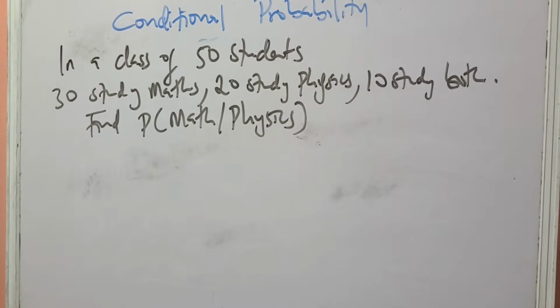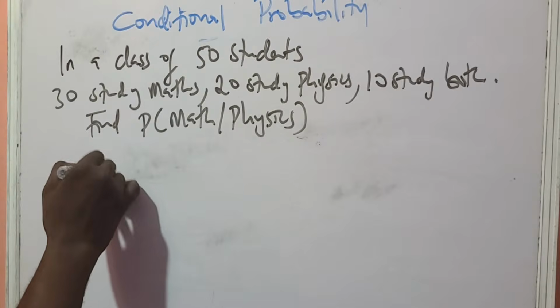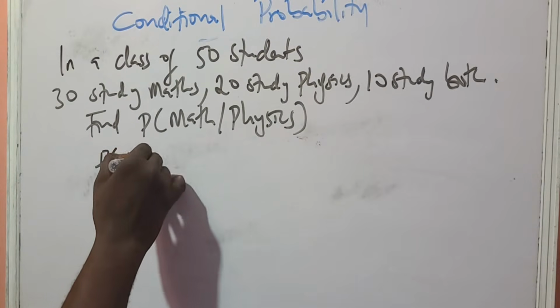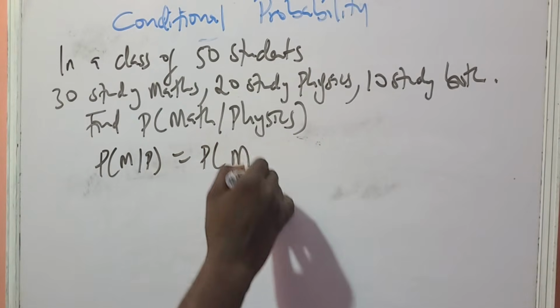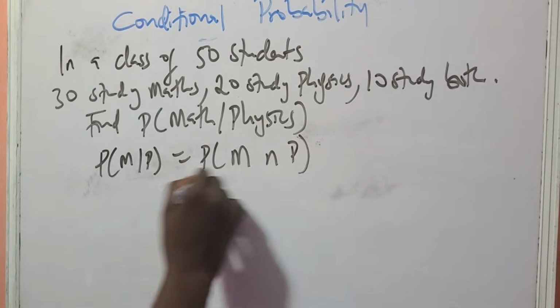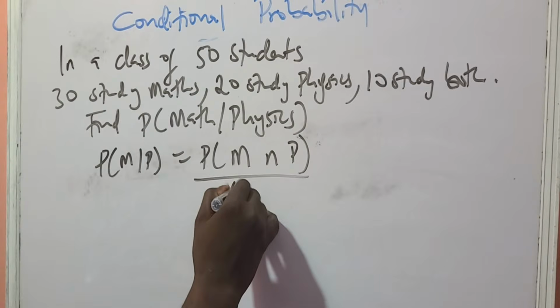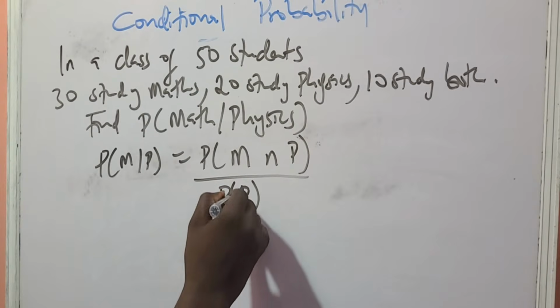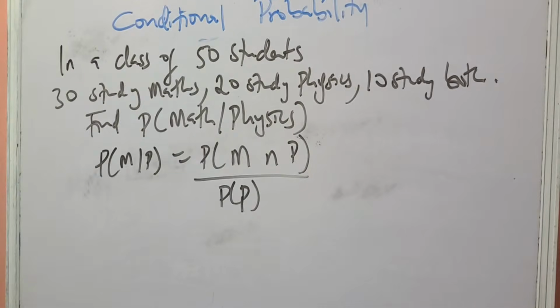All right, now look at what we have right here. Very simple. This is probably the simplest we have solved in the past 2 or 3 questions. Probability of maths given physics will obviously be probability of maths intersection physics over probability of physics.